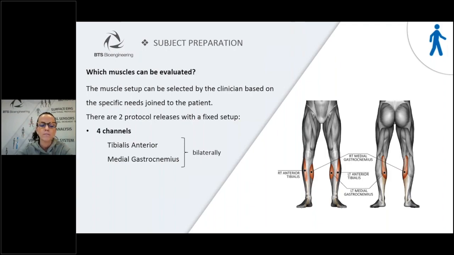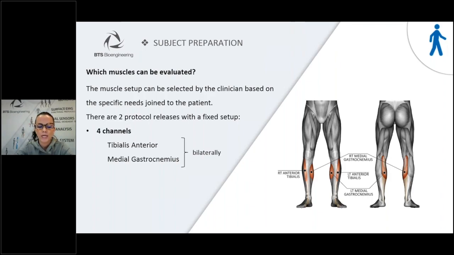The choice of muscle setup, that is simply the muscles to be analyzed, can be free and decided by the clinician according to the patient's specific needs. But there are also 2 different versions of the protocol that require the use of a fixed muscle setup.